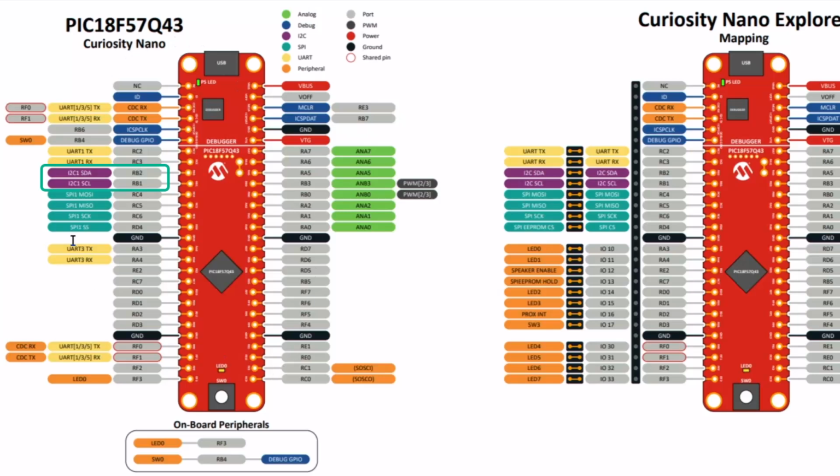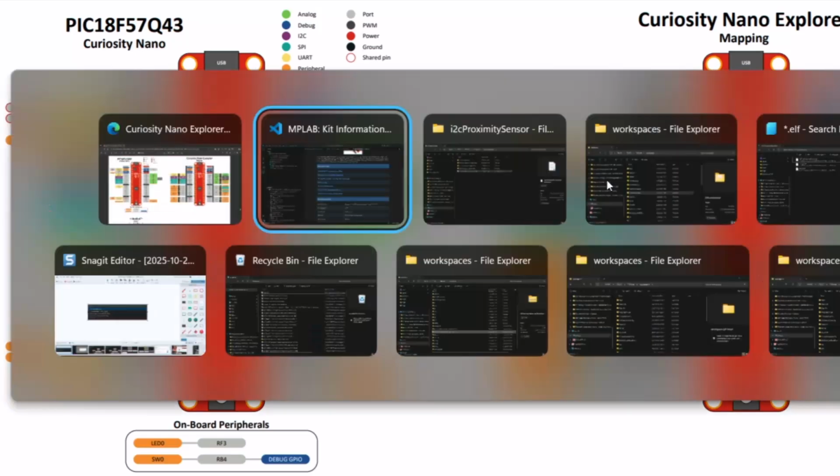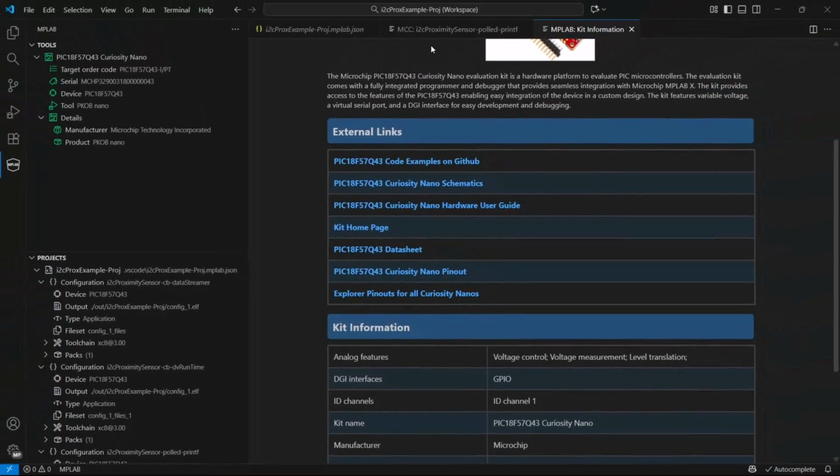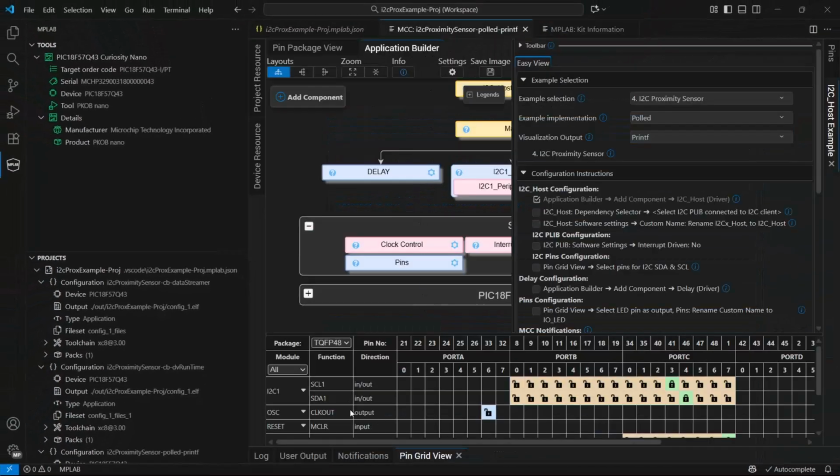This is in the context of the Curiosity Nano by itself and in the context of the Explorer. So obviously the pinouts here are the same, RB2 for serial data and RB1 for serial clock.